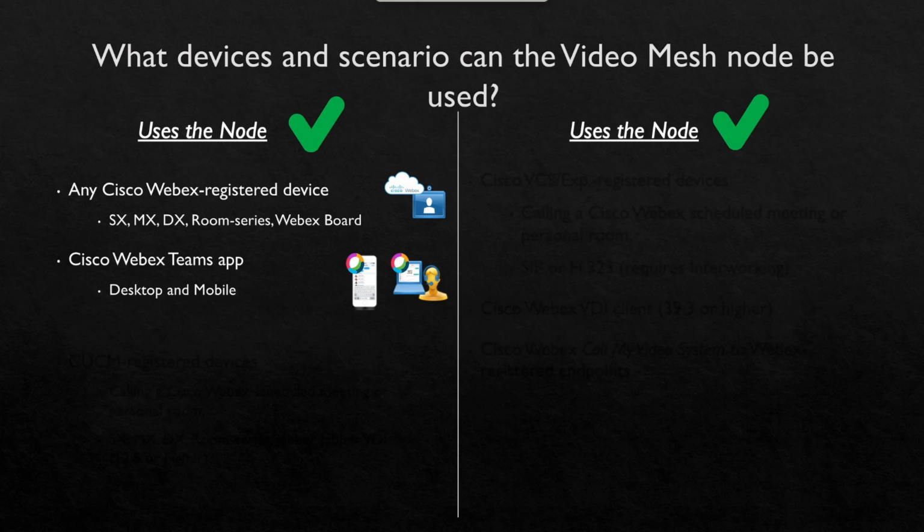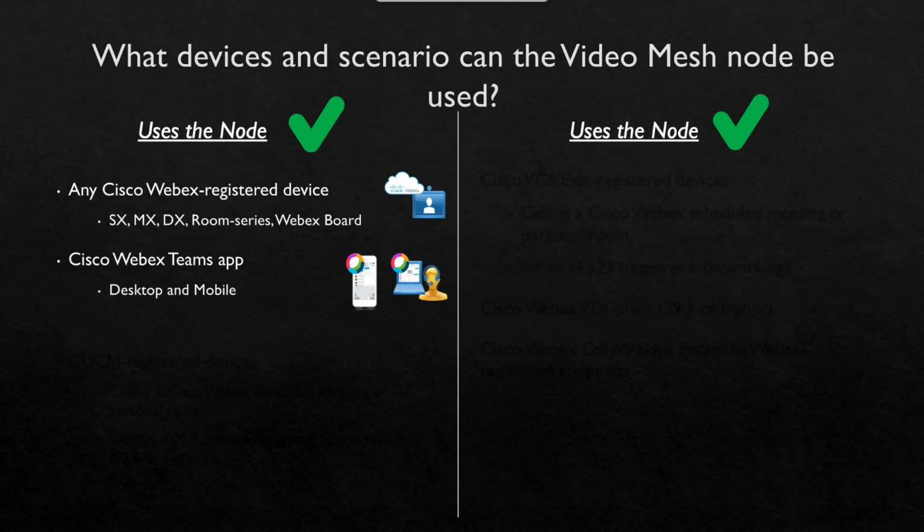Any Webex Teams app user, whether they're on a desktop or mobile, that includes Windows PC, Mac computers, mobile phones, tablets, anything like that, where the Webex Teams application is installed. We are not talking about users that are logged in using, like, a web browser.